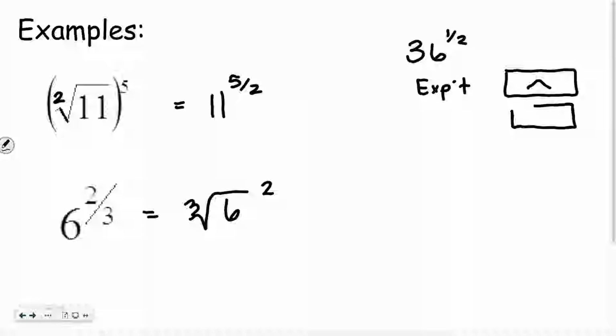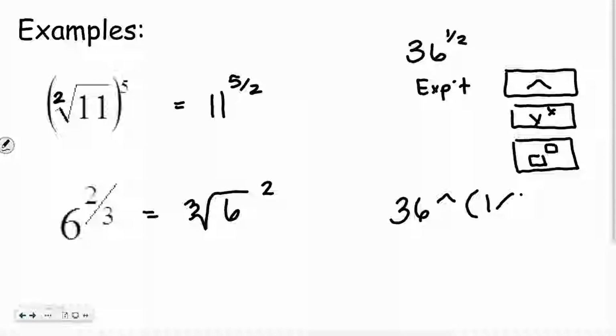Some people have a button that looks like y to the x. That's your exponent button. Some people, like the Casios, have boxes like that. Now, if you don't have a math print function where it actually looks like it's in the exponent, when you write this in your calculator, you have to do 36 raised to, and then parentheses 1 divided by 2. So try that in your calculator.